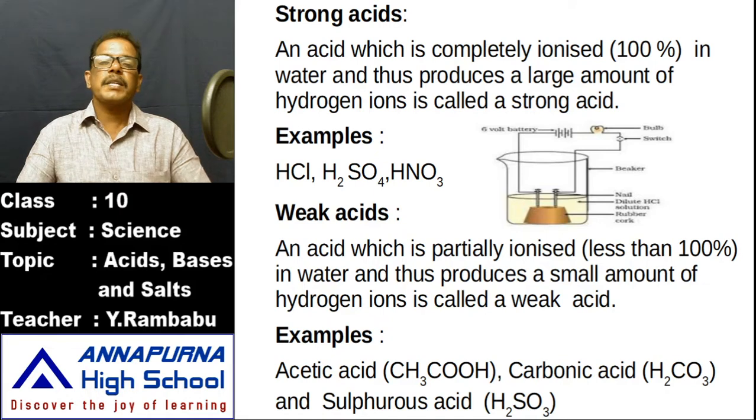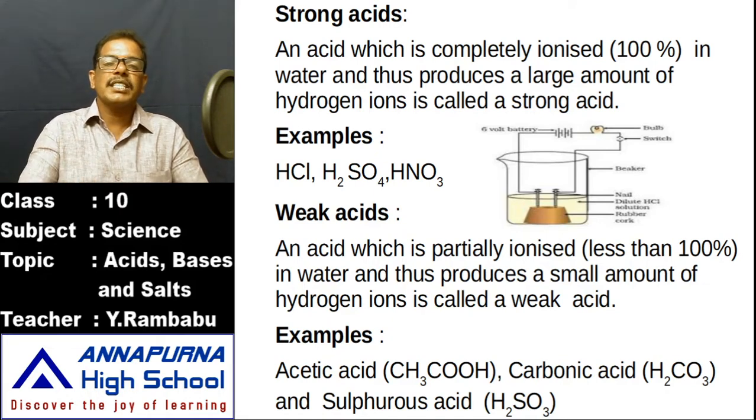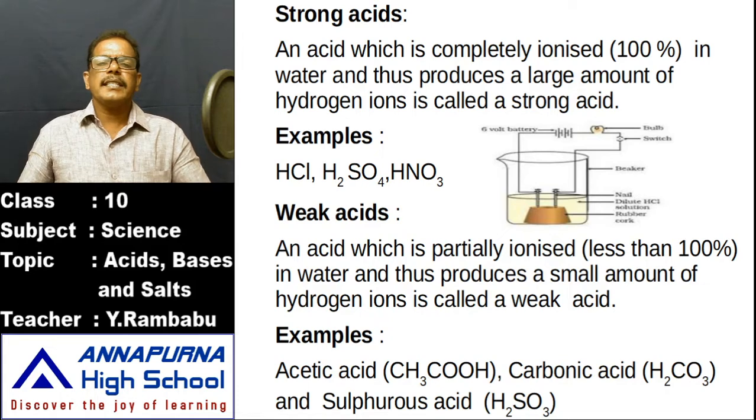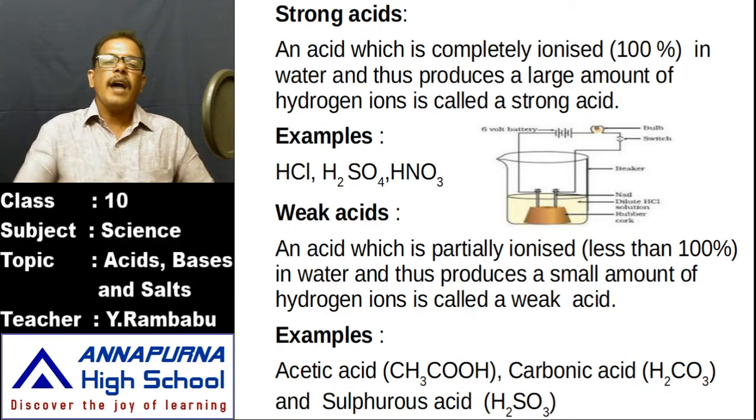Then how can you express it is a strong acid? Whenever we perform this activity with a strong acid, the bulb glows with high intensity. Bulb glows with high intensity means more charge carriers are present, means a large amount of hydrogen ions. How are these large amounts of hydrogen ions present in that solution? Whenever it is completely ionized.